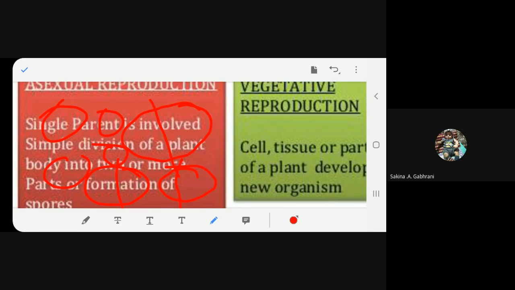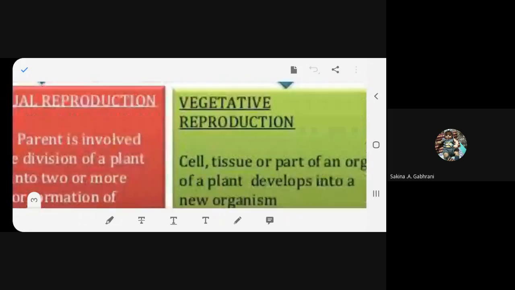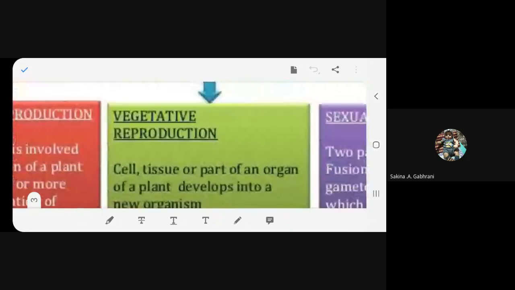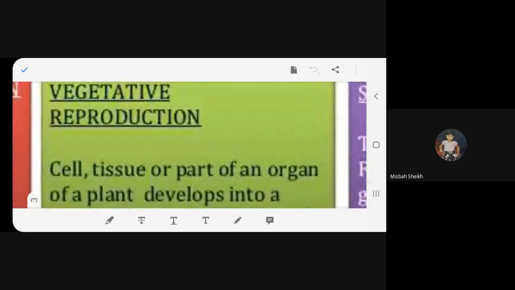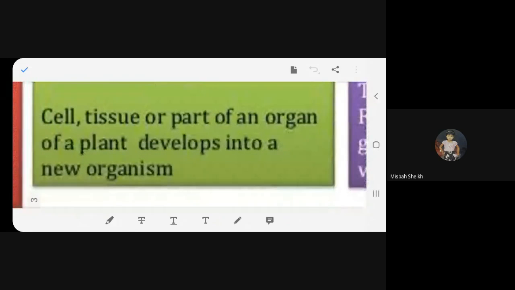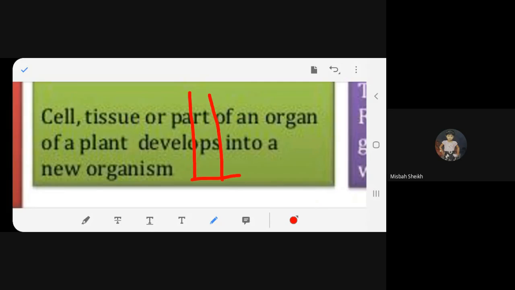Okay, now we come to vegetative reproduction. Please start. Vegetative reproduction: a cell, tissue, or part of an organ of a plant develops into a new organism. For example, this is a stem. If I cut a stem, I will get a new plant.